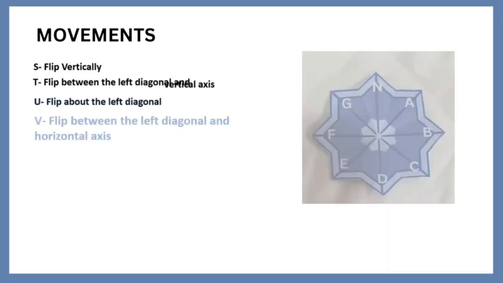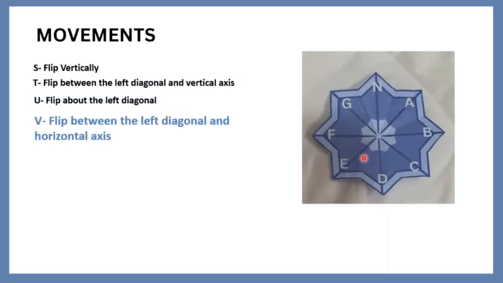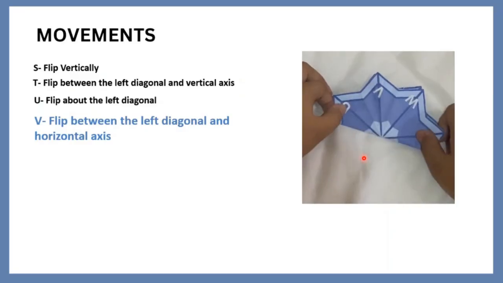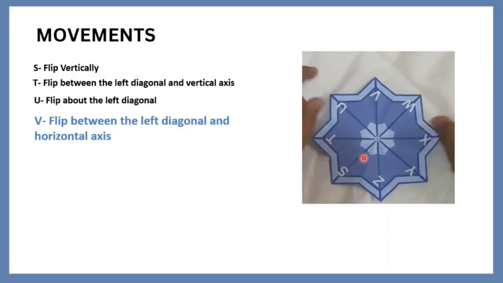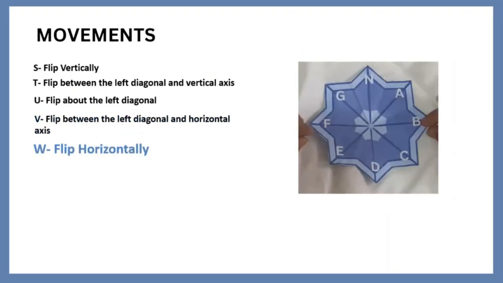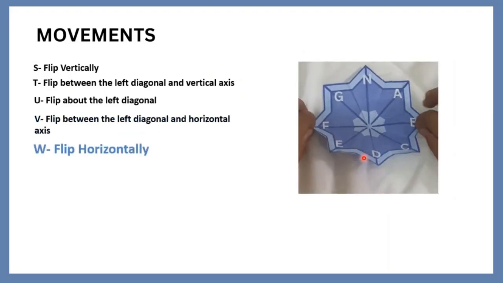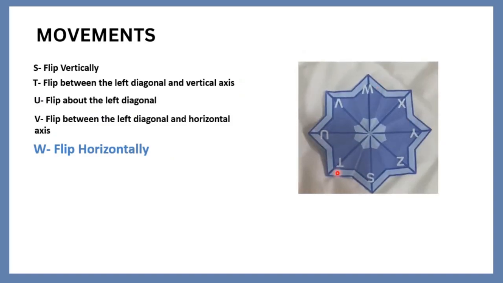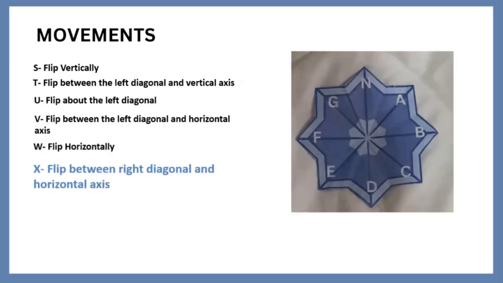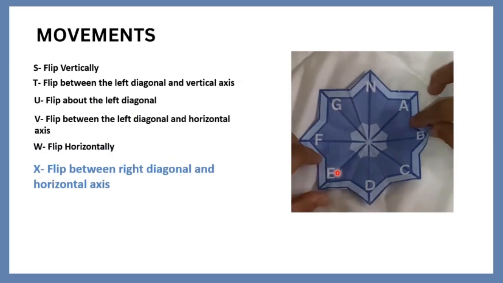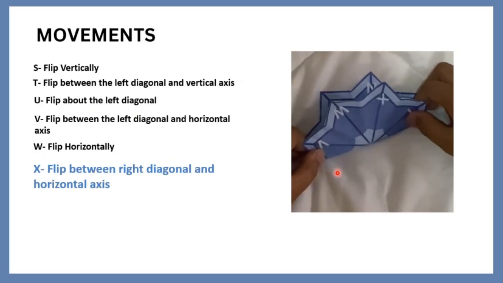Then next, we have V, or flip between the left diagonal and the horizontal axis. Then next we have W, or flip horizontally. So here, we will just flip the model horizontally, and that will give us W. Then next, we have X, for flip between right diagonal and horizontal axis.